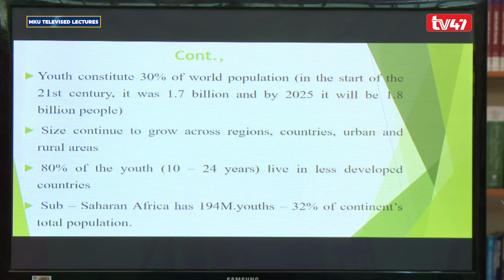The size continues to grow across regions, countries, and urban and rural areas. 80% of the youth, at least between the age of 10 to 24 years, live in less developed countries. And Sub-Saharan Africa has 194 million youth, comprising 32% of the continent's total population.